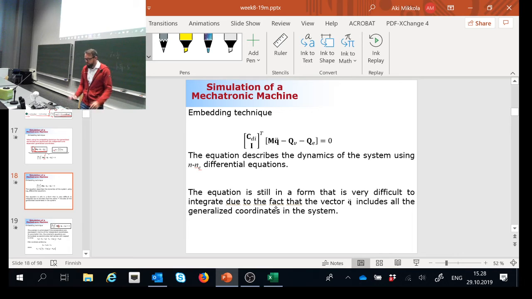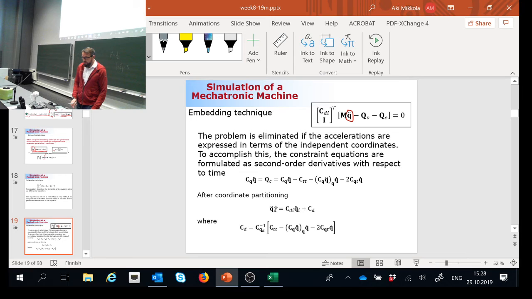Once we are done with that, we get to solve the equation of motion a little bit differently. Now, we're going to take this Jacobian matrix multiplied by acceleration, and this is where we're going to use this coordinate partitioning technique. It's going to be mathematically very involved, so we're going to use it in this particular equation.